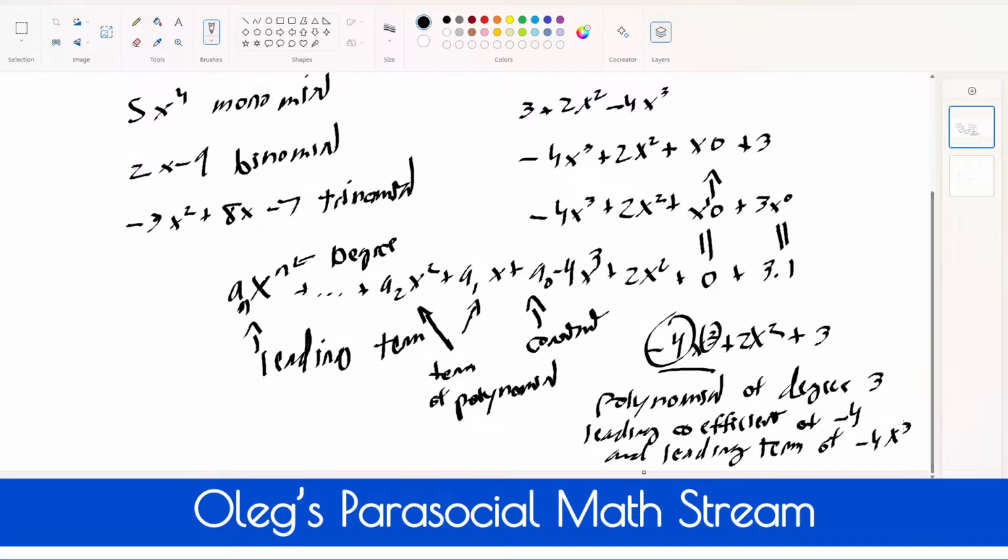Okay, and so we have a polynomial of degree 3, a leading coefficient of -4, and a leading term of -4x to the third power.